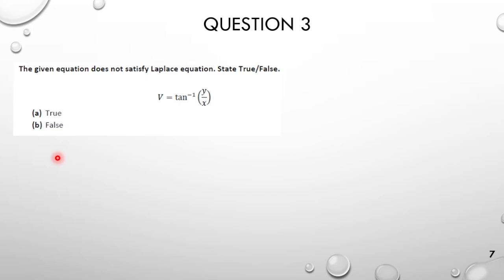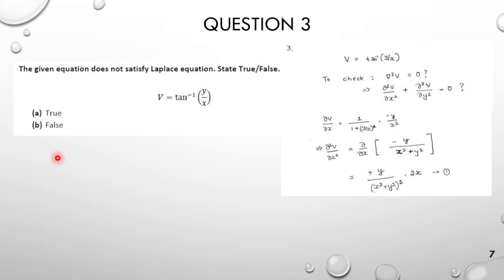Try to read the question properly. The question says the given equation does not satisfy Laplace equation. So let us check whether it satisfies Laplace equation or not first, then we can answer. In order to check that, you can take del square v by del x square plus del square v by del y square.